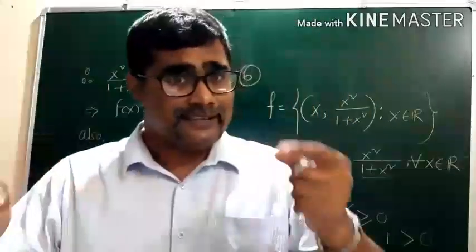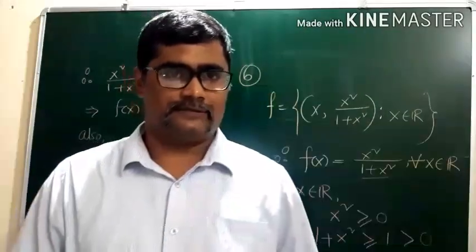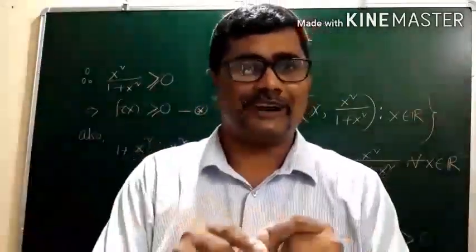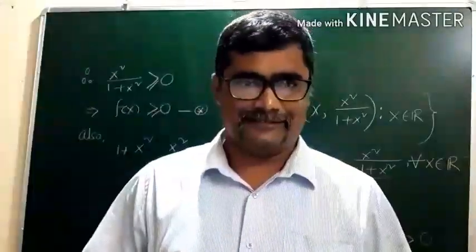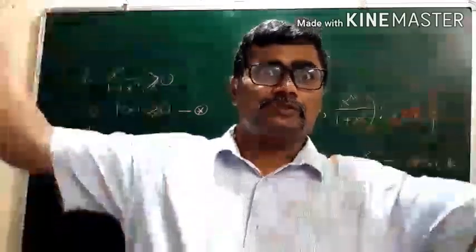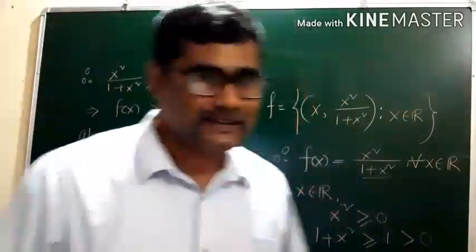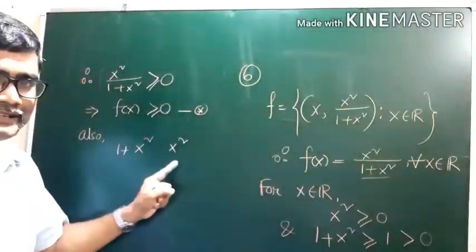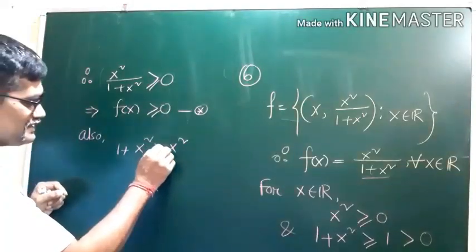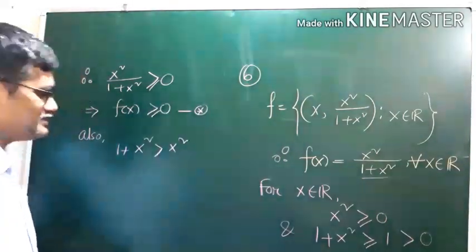If I say, whatever amount of money you have, I have 1 rupee more than that, my amount of money will always be bigger than yours, no matter how much you have. If you have 10 rupees, I will have 11 rupees. If you have 10 crore rupees, I'll have 10 crore 1, still more than that. So logic says this is bigger than this. So this is strictly bigger, remember it's strictly bigger. Equality will not come here.